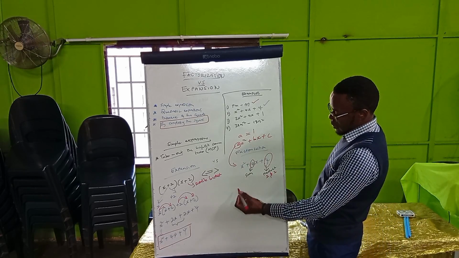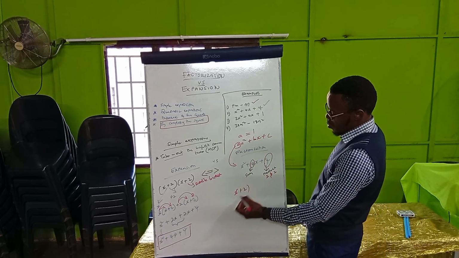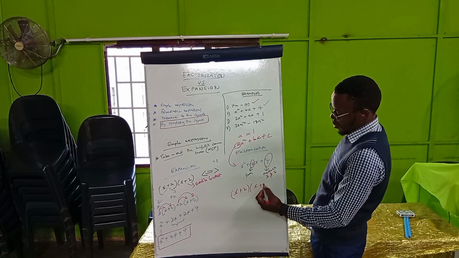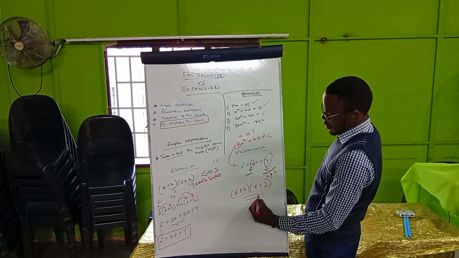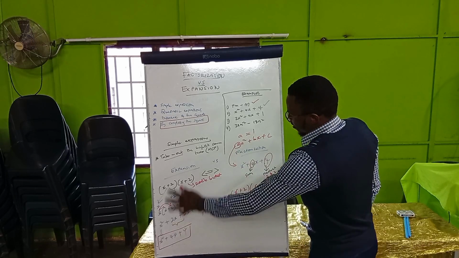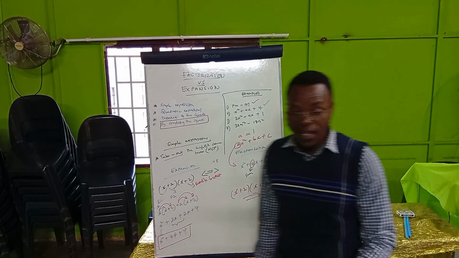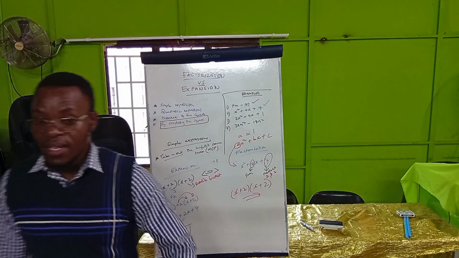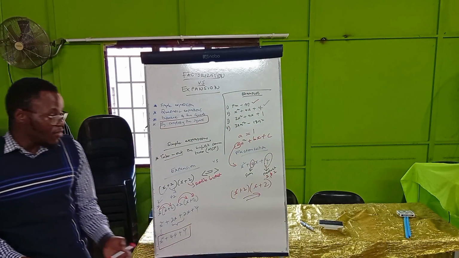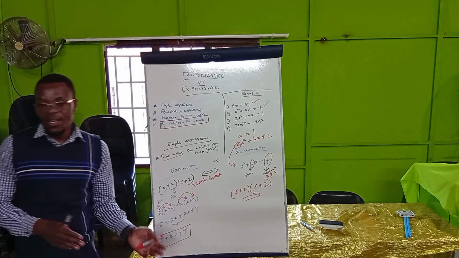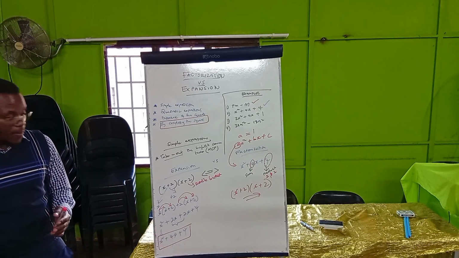You just write x plus 2, x plus 2. So notice that this factorization is giving us the double bracket. Hence, the reverse of expansion is factorization, and the reverse of factorization is expansion.